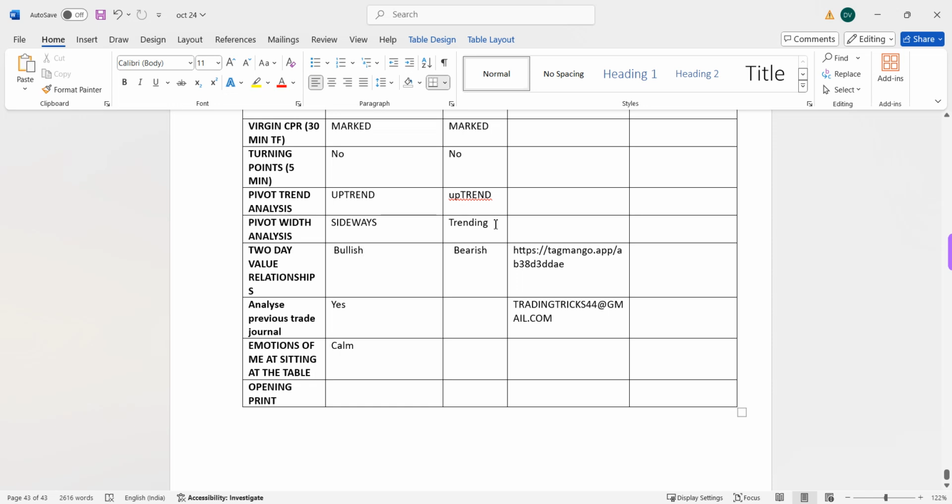I'm expecting a trending or a sideways day in Nifty, and I'm bullish in Nifty. This is the expectation for tomorrow.